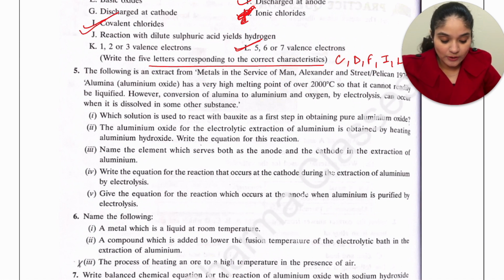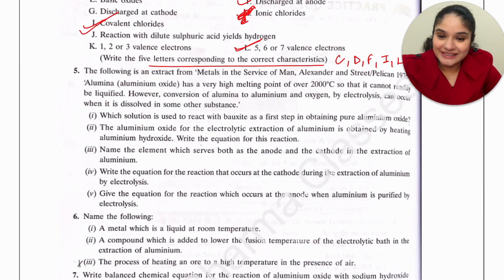However, conversion of alumina to aluminium and oxygen by electrolysis can occur when it is dissolved in some other substance. So students, in the exam, they can always give you a paragraph like this, which may or may not have any information. So this one is not really giving us a lot of information. But I always suggest read the whole question, because sometimes you can get a hint or it can help you recall from your memory some important part of the answer.